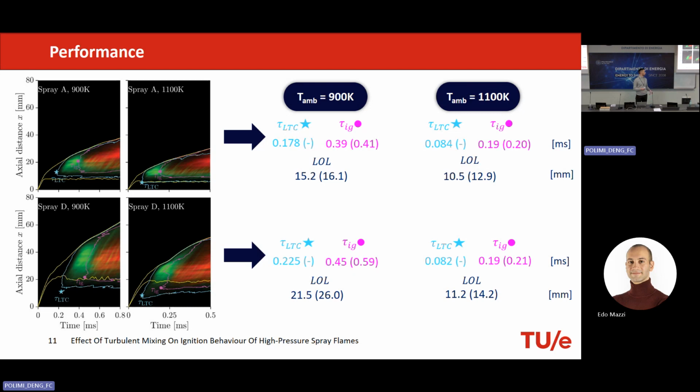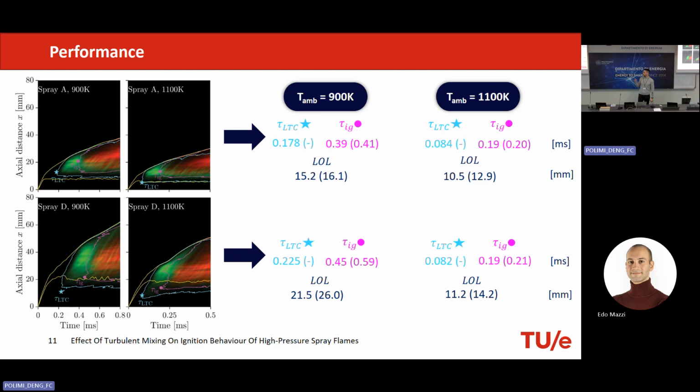However, there are no experimental values for low temperature combustion. I mean, there are some, but not this specific one. And as you can see in the brackets, there are the experimental values. The model reproduces them quite well, I would say, both in terms of ignition delay time and lift-off length.